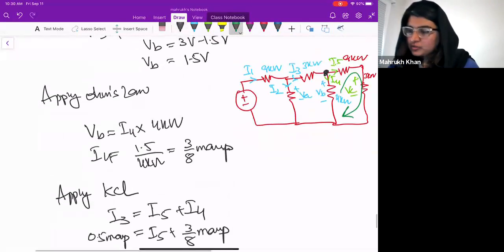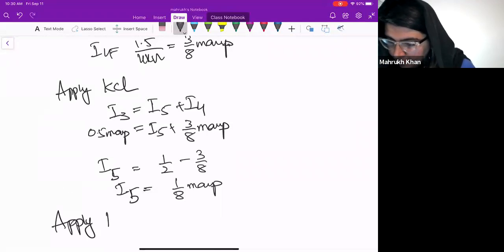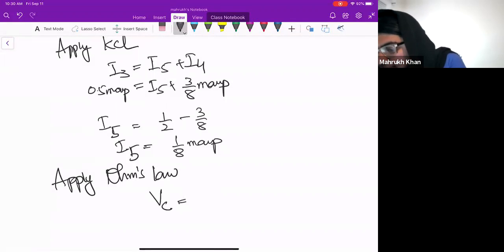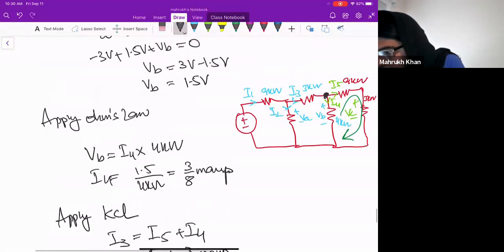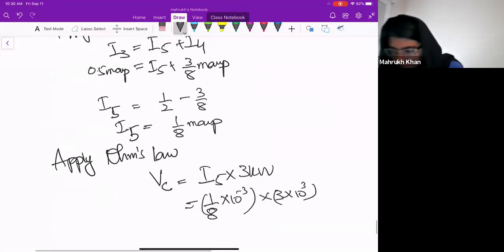So let's see if we apply Ohm's law. So my VC is I5 into 3 kilo ohms, which is 1 by 8 into 10 to the power minus 3 into 3 into 10 to the power 3.